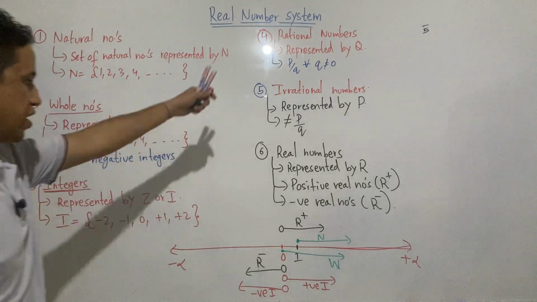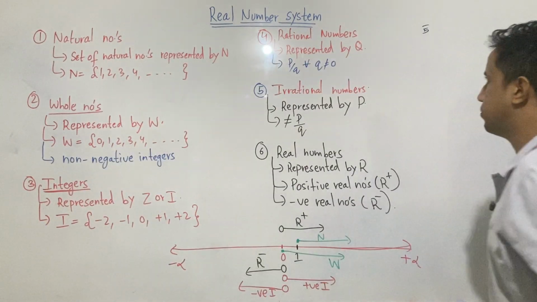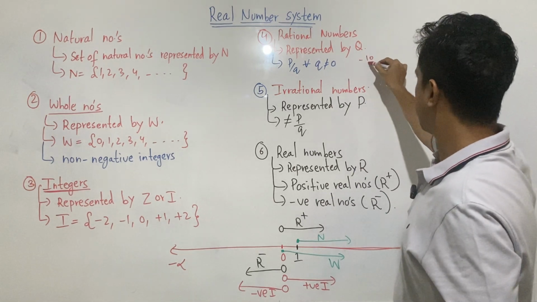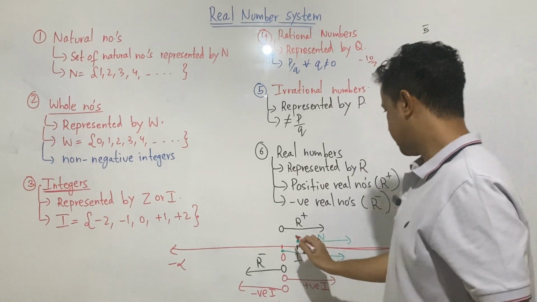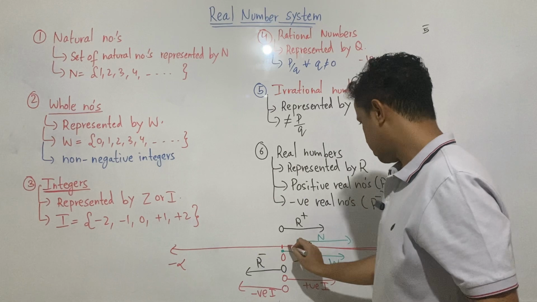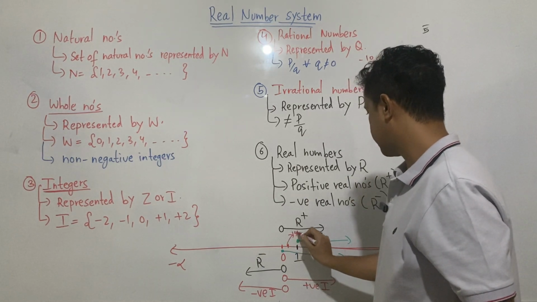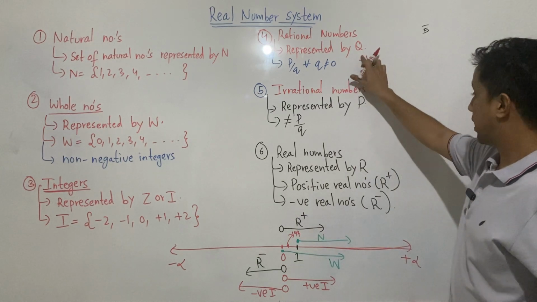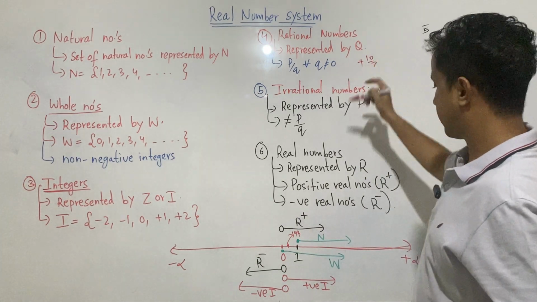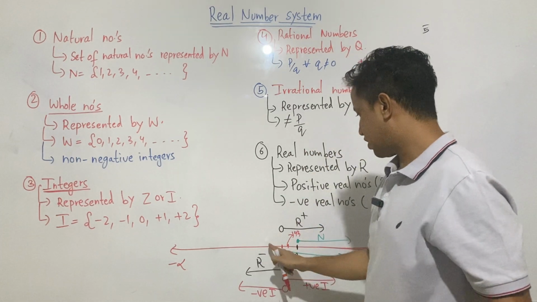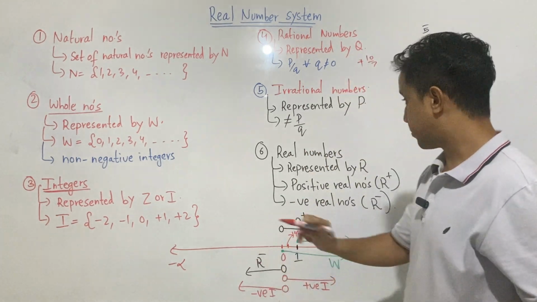Then rational numbers. Rational numbers can come anywhere. For example, 10 by 3, 3.3, is a rational number, so it will come here. If it is minus 10 by 3, then it would have come between 0 and minus 1.